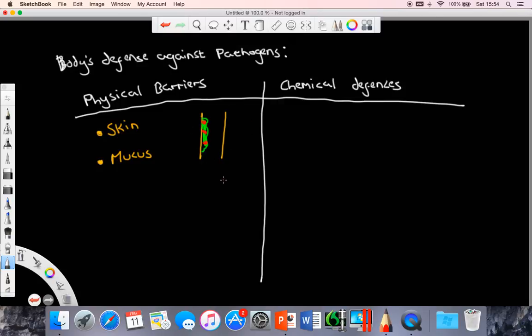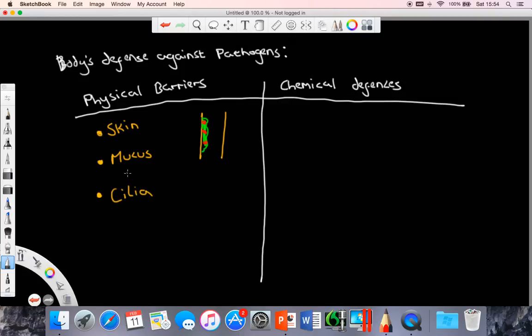Okay? Something quite interesting is if you blow your nose and you have clear snot coming out of your nose, you're probably not ill. It's probably your body trying to get rid of something that's irritated it. But if your snot or your mucus is green, that is actually caused by cells that have been killed, and therefore you have a virus or you have a pathogen inside of you. Another thing that we have is cilia.